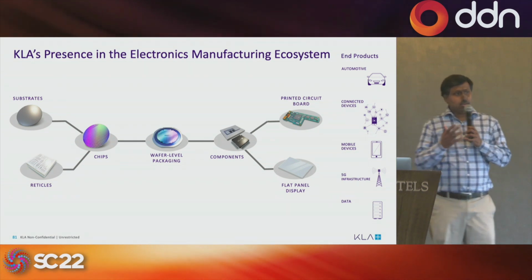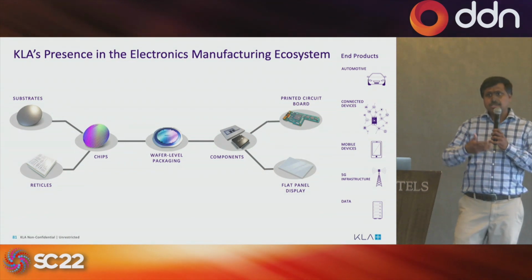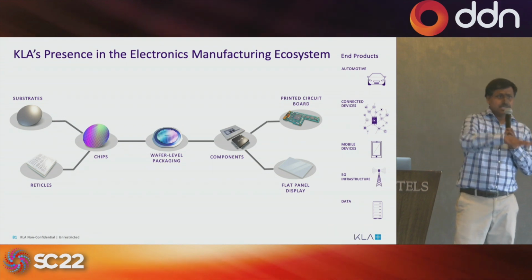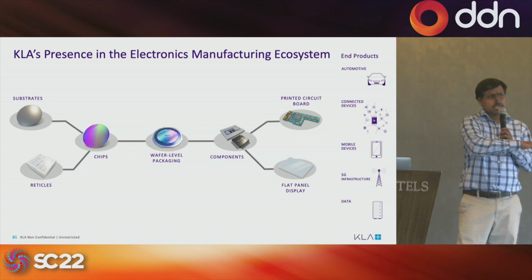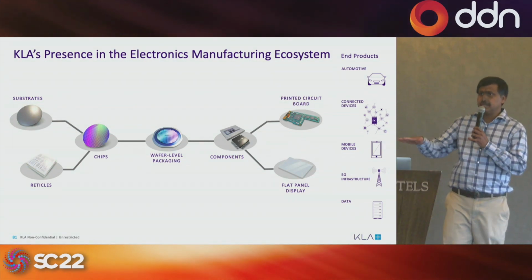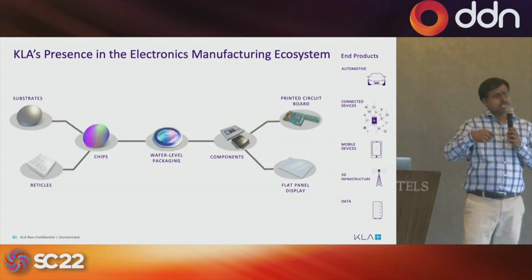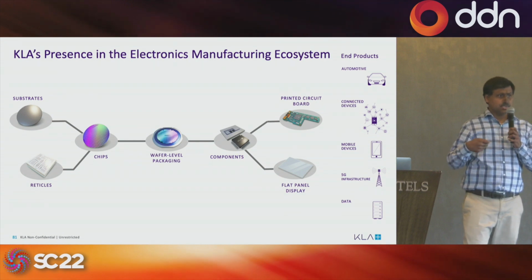So what they want is inline monitoring of their process steps. As they add a material and make a new layer, they need to make sure the surface of the material is the way it has to be. And once they etch, they need to see if there are any residues left during the etch process.